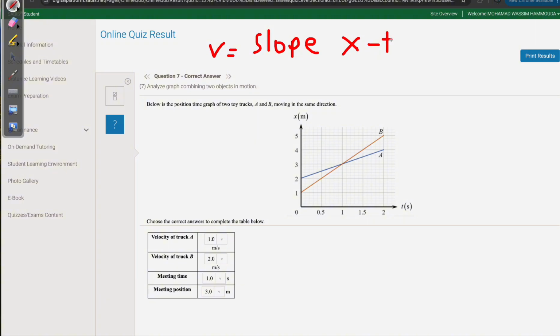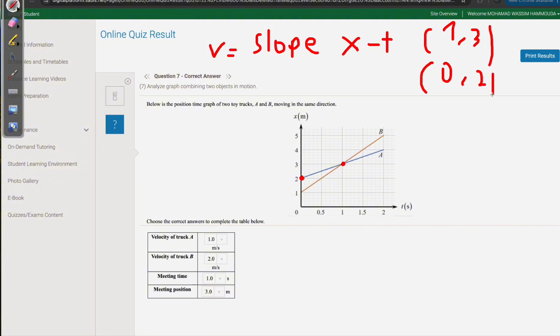First of all, let's find the velocity of truck A. We need 2 points. We can take this point and this point. So we have 1, 3 and 0, 2.